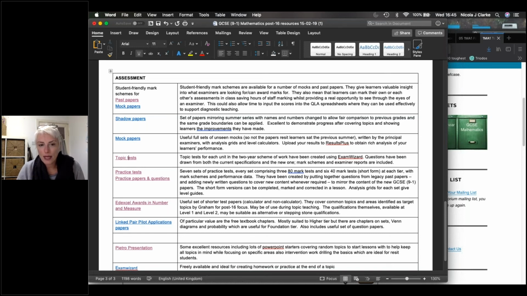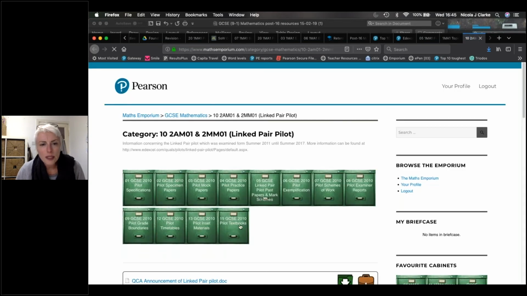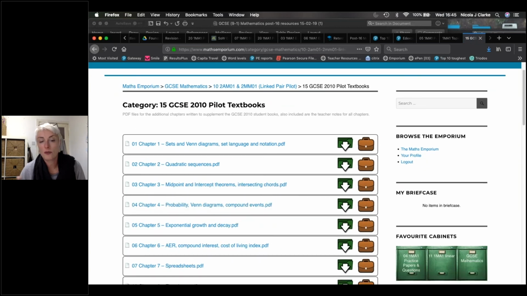The linked pair pilot applications were also excellent. There are free textbook chapters for this, which were really useful for teaching. There's chapters on some of the crossover topics and they're quite detailed.